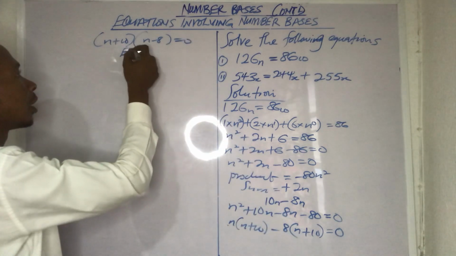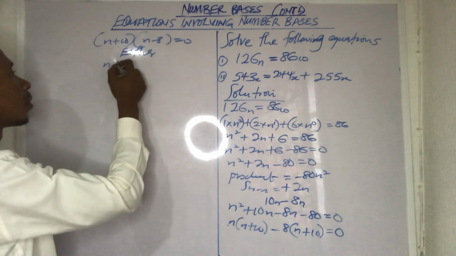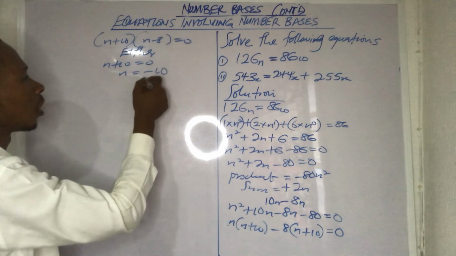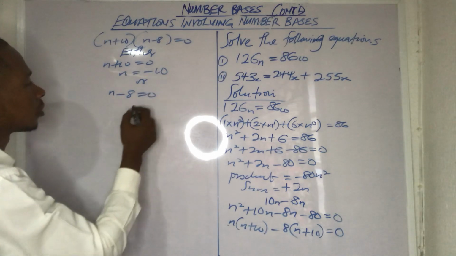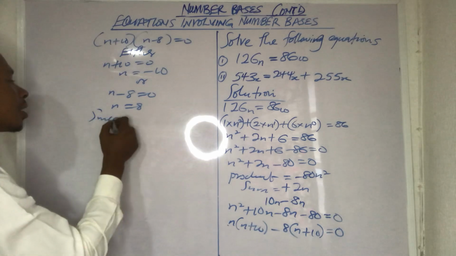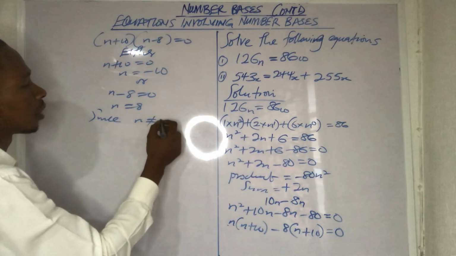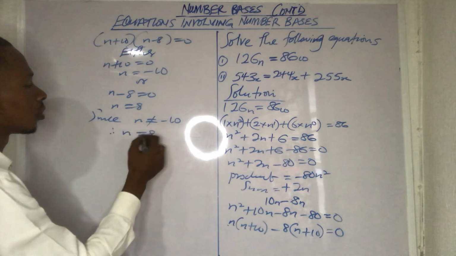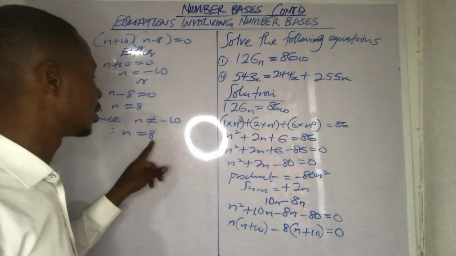You now say either n plus 10 is equal to 0, which means that n is equal to minus 10, or n minus 8 is equal to 0, which means that n is equal to 8. Now since n cannot be negative, n cannot be minus 10, therefore n is equal to 8. That means our base in this first one is 8.